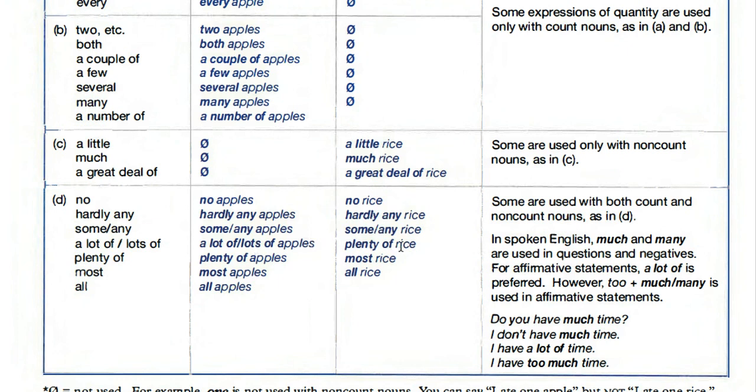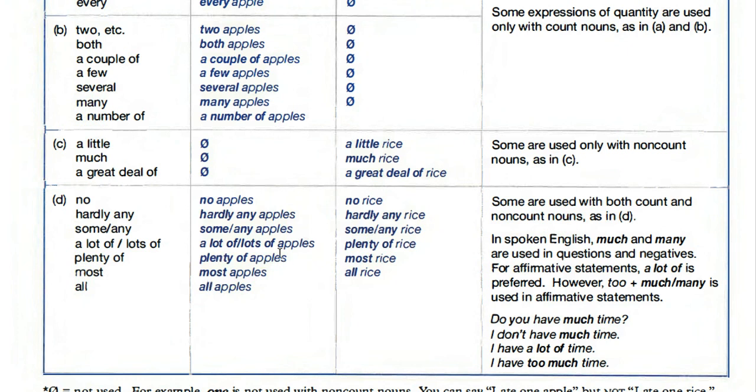And the other way, for the non-countable, we should use plenty of. And most apples, all rice, and all apples. So the point that we have to get from all these examples is how we can use some extra expressions to avoid repetition or to make writing better by not repeating the same words, like here using plenty of apples, plenty of rice.